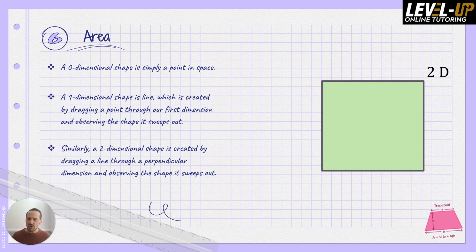The area that sweeps out is then the area of that shape. And that's essentially what it means to be 2-dimensional. So when we're calculating the area, we're basically calculating the space inside that 2-dimensional shape. And you can even do this one step further by dragging that shape through a 3rd dimension, and you create a 3-dimensional cube in this case. But we're not going to be doing that yet. We'll look at 3-dimensional shapes later.